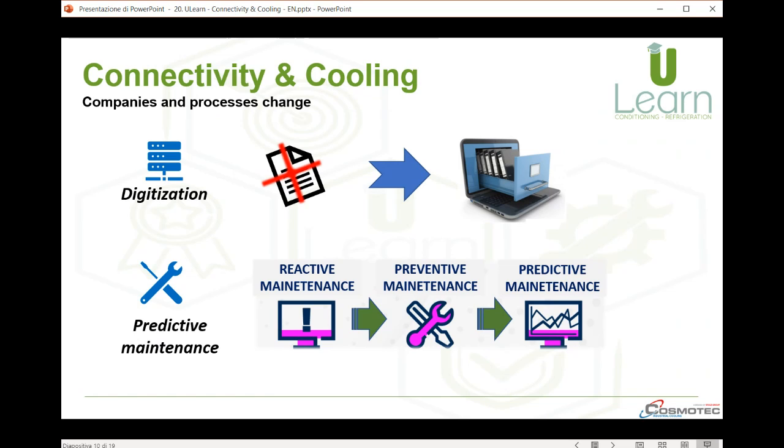Another aspect to consider is maintenance. Reactive maintenance was based on the concept of action and reaction. Every activity is made only after the fault is present. Preventive maintenance schedules activities in order to prevent the fault, but often the frequency is not justified by the cost and benefit.